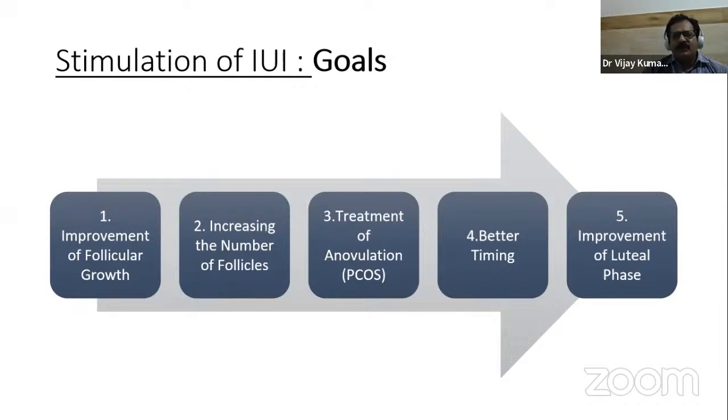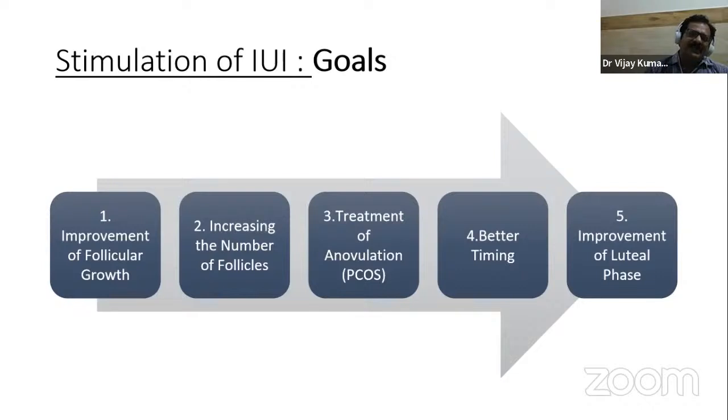One more reason why we do the ovulation induction is for a better timing of the IUI. As you all know, the IUI is ideally done at about 36 to 40 hours post LH surge.